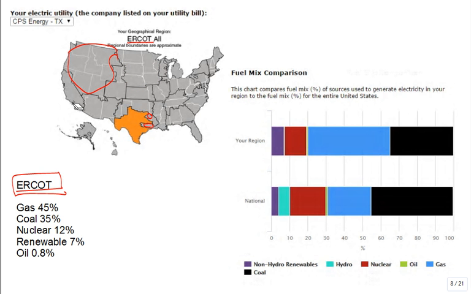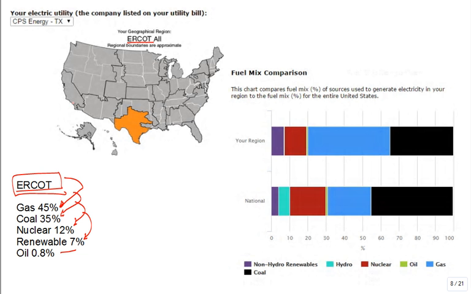Okay. But within, it's pretty well regulated. It's managed. Within the ERCOT region, natural gas is 45% of electric production. And coal is 35%, nuclear is 12%, renewables like wind are 7%, and there is some slight oil or other production.